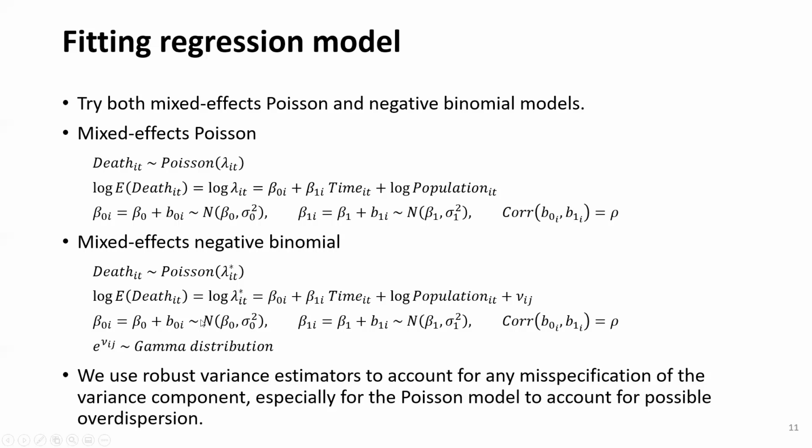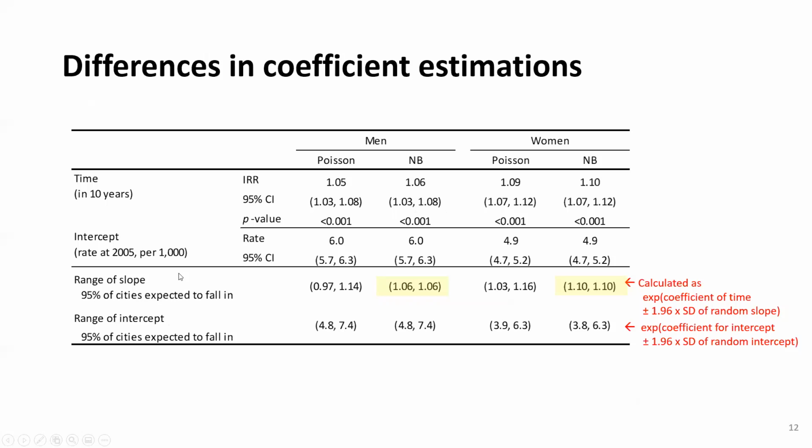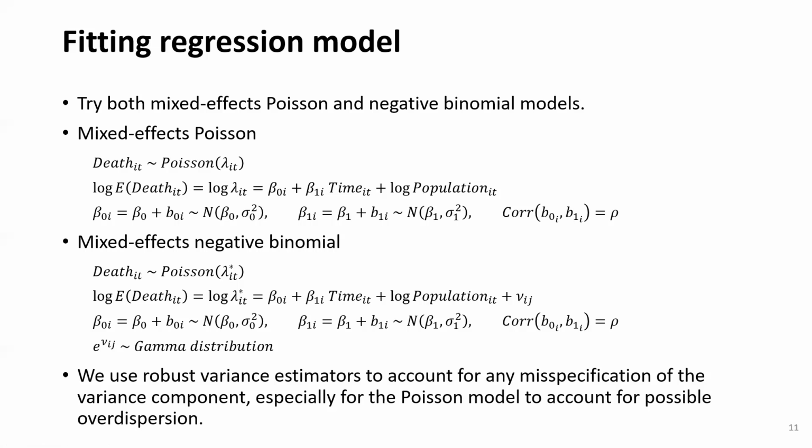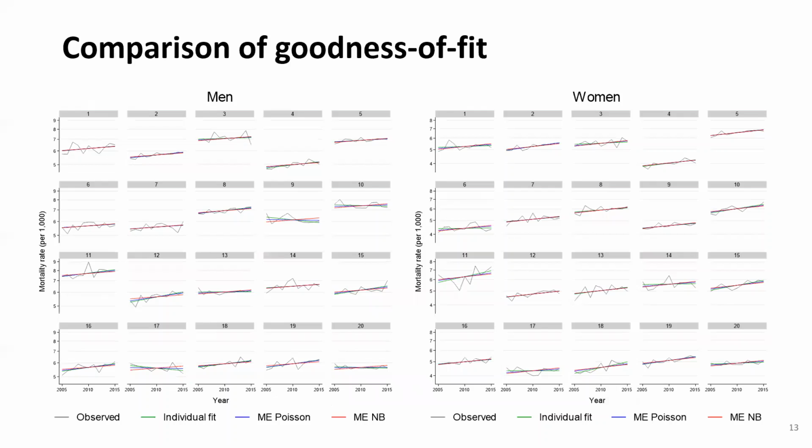Afterwards, we talked about the difference between these two; I won't go into this part too much. When we look at the goodness of fit to the data, it seems better to use the Poisson model instead of negative binomial. This was the conclusion we had previously.